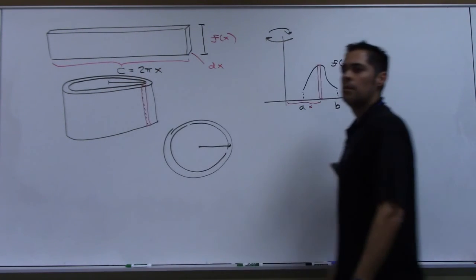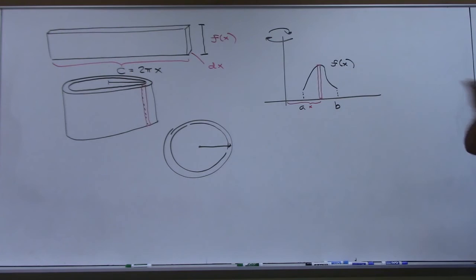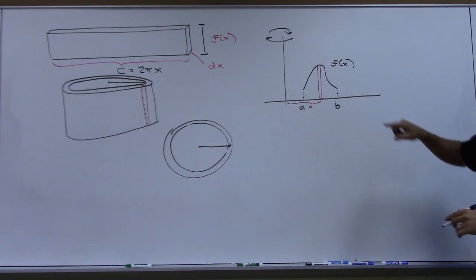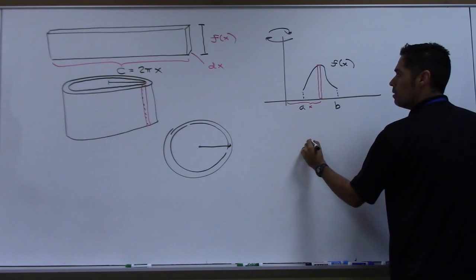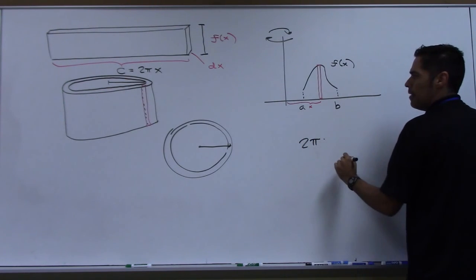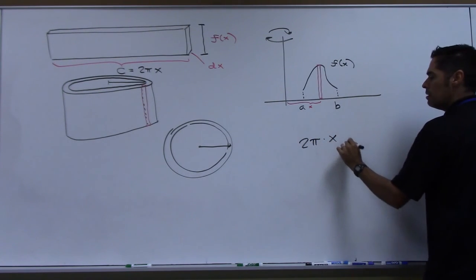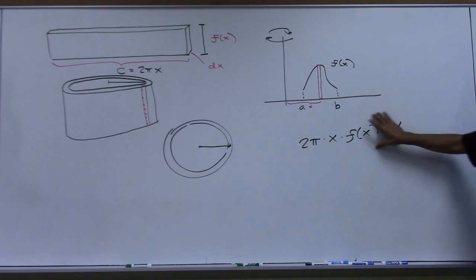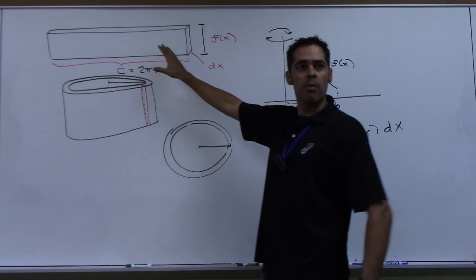x. And so the volume of that little slab that we've created is those three things multiplied together, which would be what? Give me the constants first. 2 pi. And then how about x, f of x, dx? That would be the volume of that slab. And what do I want to do?